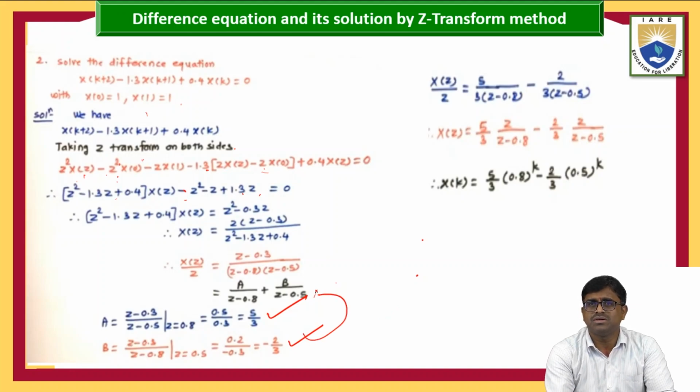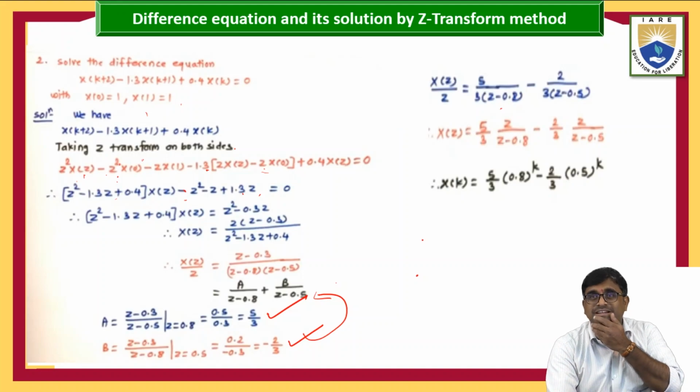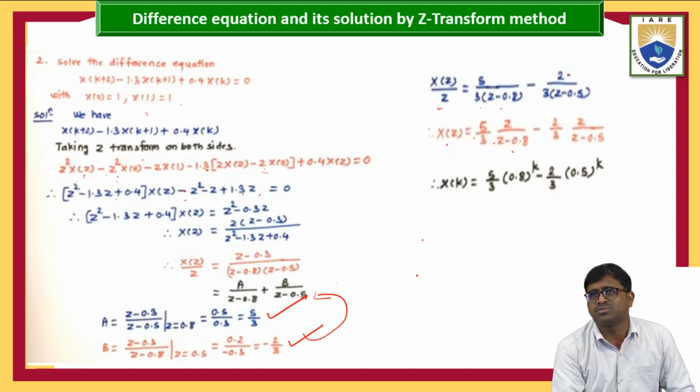Substitute these values. What do I get? x of z by z equal to 5 by 3 into 1 by z minus 0.8 minus 2 by 3 into 1 by z minus 0.5. Apply the inverse z transform for this. It comes as x of z equal to, taking this z to the other side, 5 by 3 into z by z minus 0.8 minus 2 by 3 into z by z minus 0.5.